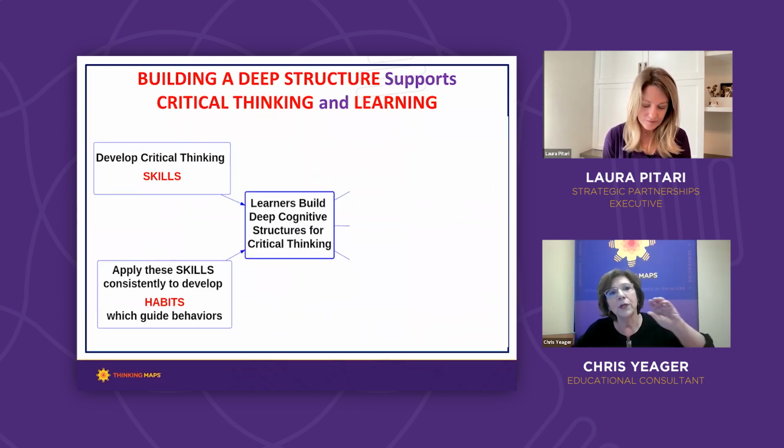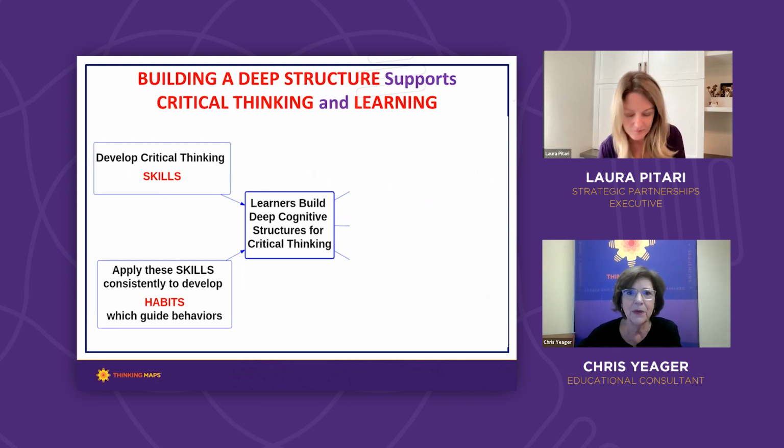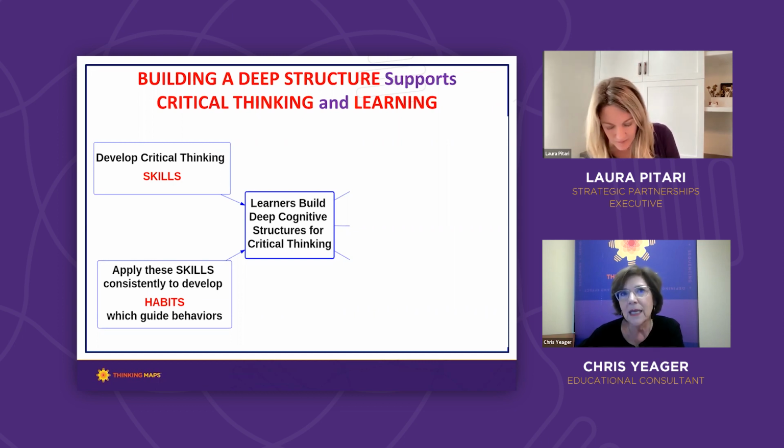So now we know if we look at skills and habits and we make them, then they develop deep cognitive structures for critical thinking. And the impact of that, very often when I do Thinking Maps training for leaders, and we look at a problem and ask, what's the impact of this problem, or of this thing that you're implementing, that should be where the buy-in is.